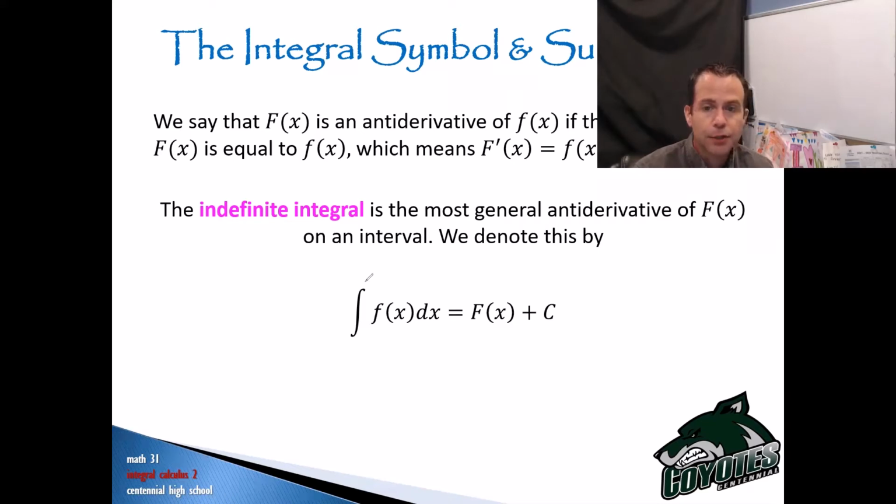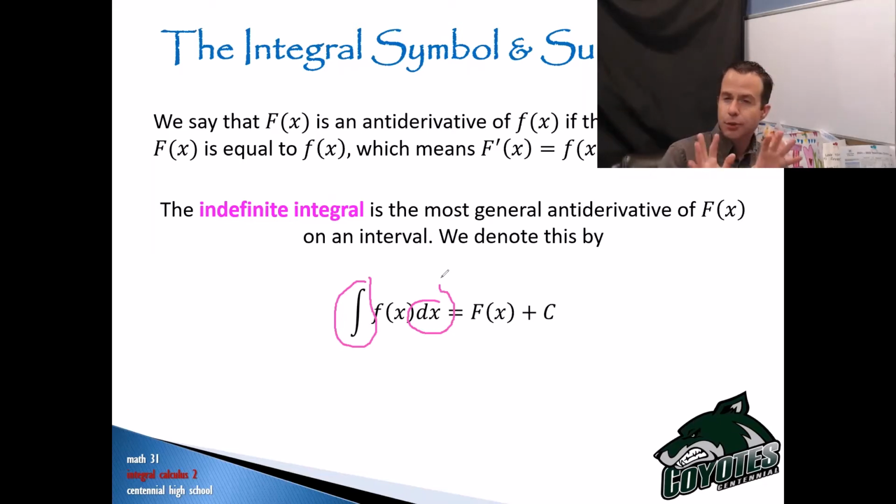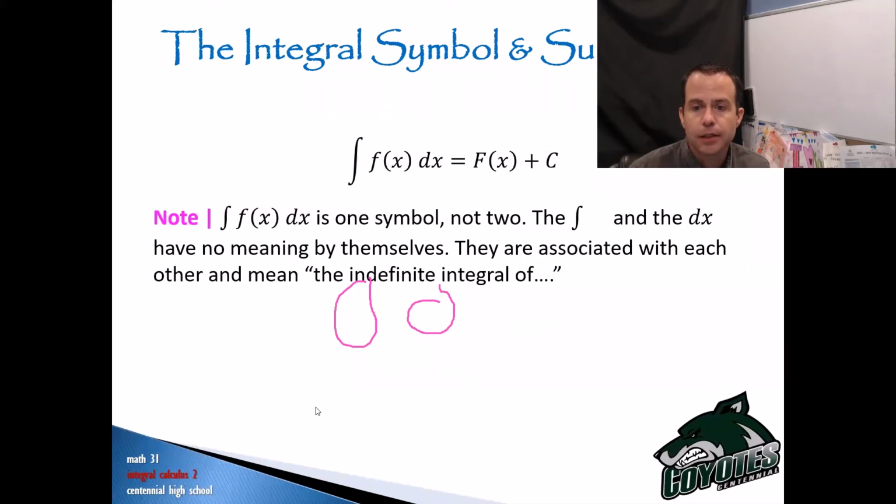What I want you to first of all note before I switch the slide is this, okay? That together means the integral of whatever's in the middle. They're not two separate things. They are the integral symbol, and then in between them, we put what we're taking the integral of, okay? So I'm just going to switch the slide here and clear my ink.